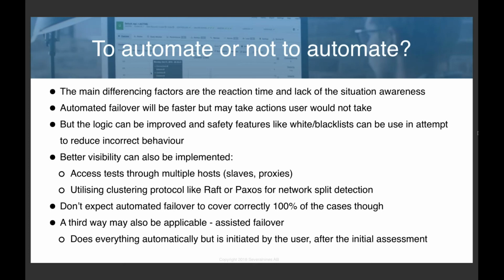Some of the tools on the market can also improve their visibility by utilizing multiple hosts to verify the state of the replication topology, through the slaves or through the proxies. Some of the tools can utilize clustering protocols like Raft or Paxos to detect and handle network splits better.